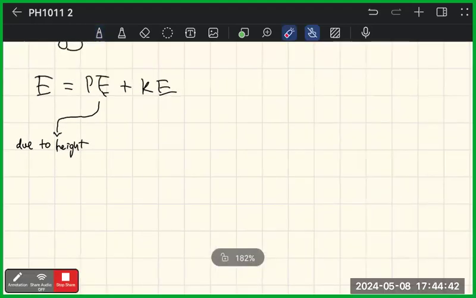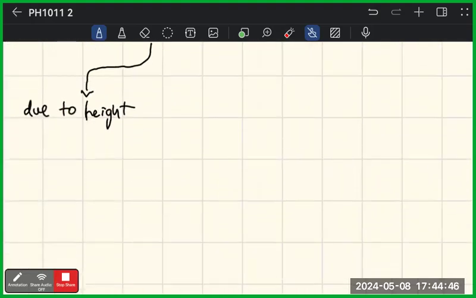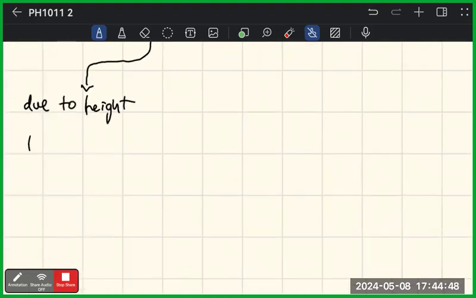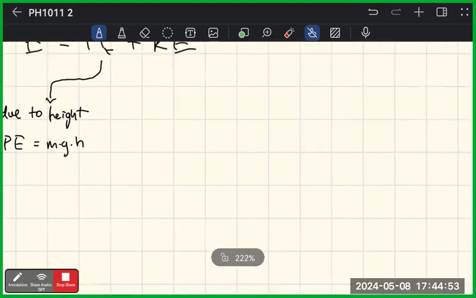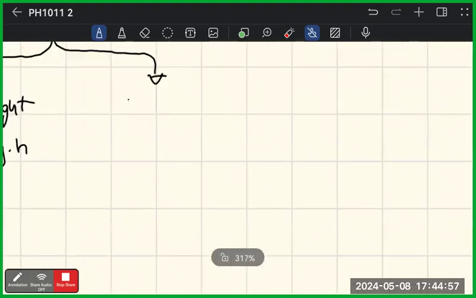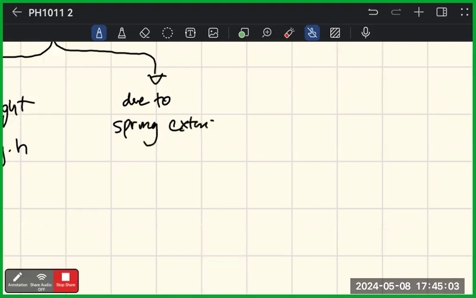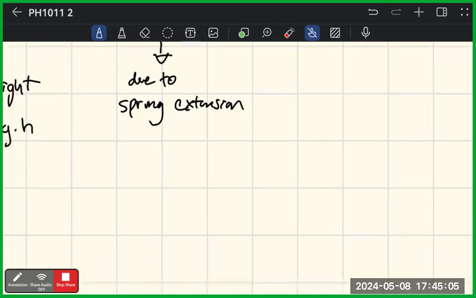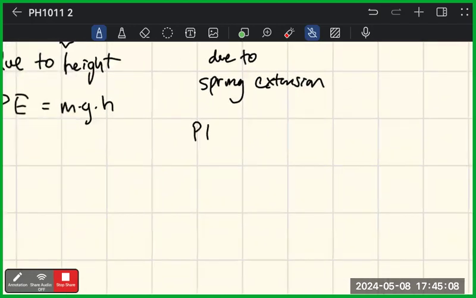Potential energy is always due to position, but let's say first the one due to height, which is PE equals mgh. Then you have the potential energy due to spring extension, PE equals half k delta x squared.